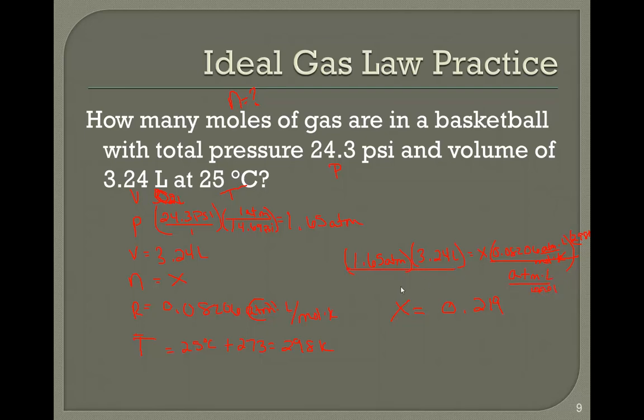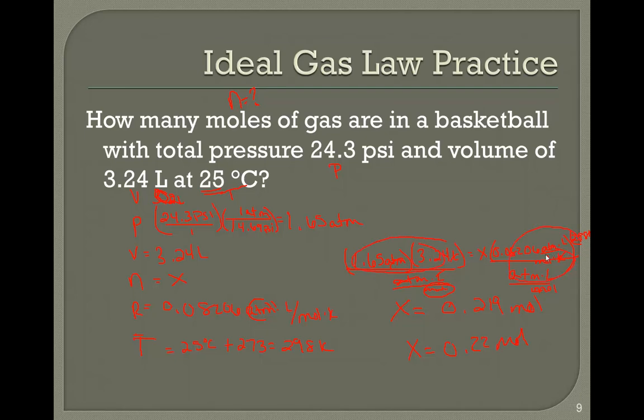The atms and the liters cancel out. Moles are left over. That's how I know what my units are. We only want two significant figures because of our 25 there. So x is equal to 0.22 moles. We multiply this side, and then divide it.